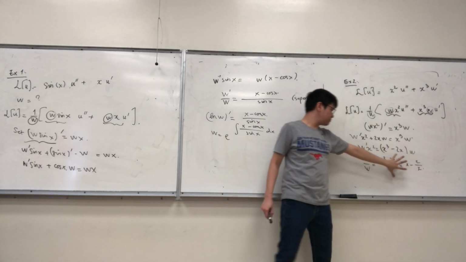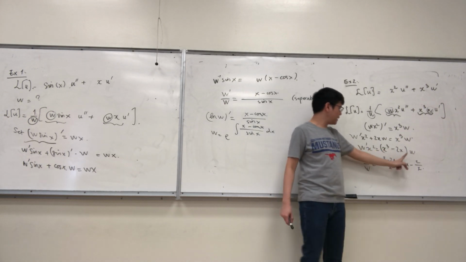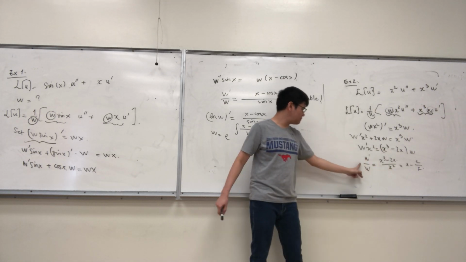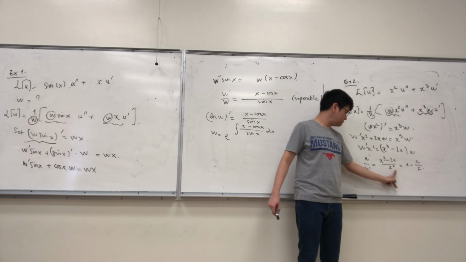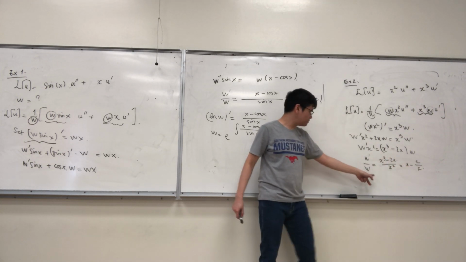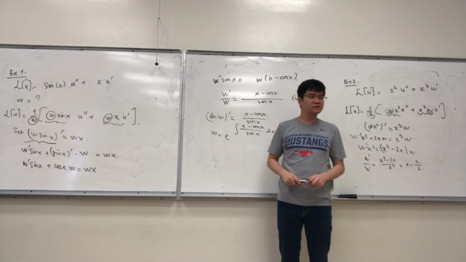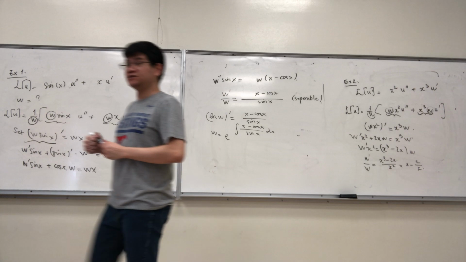Now you do separable. You have w prime x squared equal to x cubed minus 2xw, you divide by w, you divide by x squared. This gives you x minus 2 over x. So w prime over w is x minus 2 over x, and you continue like this. Right? Questions?